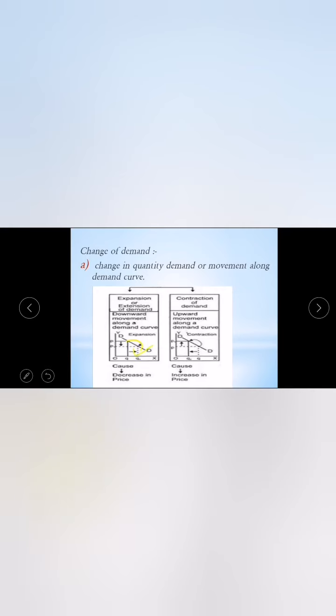In expansion of demand, price will decrease. In contraction of demand, price will increase. This is change of demand: expansion and contraction. Expansion means a decrease in price, and contraction means an increase in price.